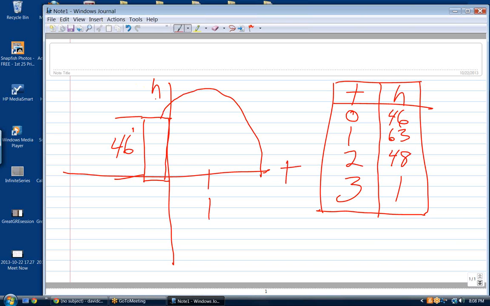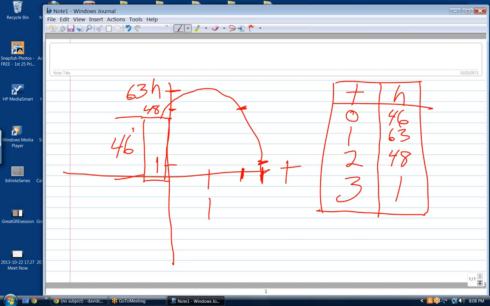Height is the vertical axis. So this point here is 63. At 2 seconds, it's right there, which is 48. And at 3 seconds, it's 1. So there's the graphical representation of that.